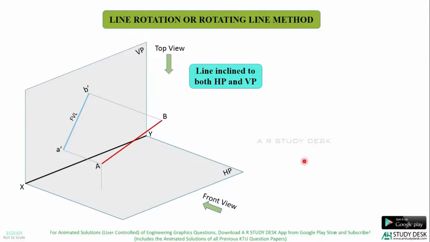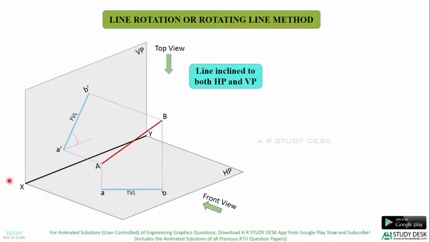Similarly, in the top view, you get small a and small b, and when you join that, you get the top view length, which is again inclined to the XY line. So here the line is inclined to both the reference planes. So what is the angle made by this front view length A dash B dash with the XY line? This is not the true length. This is the front view length.